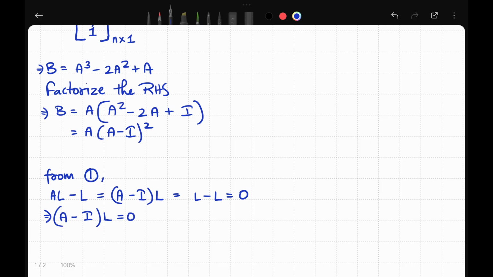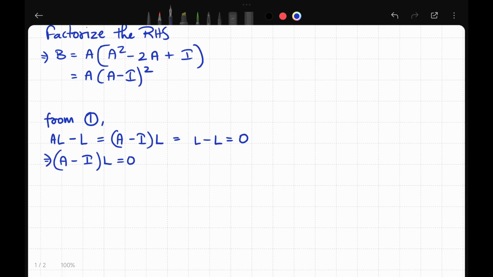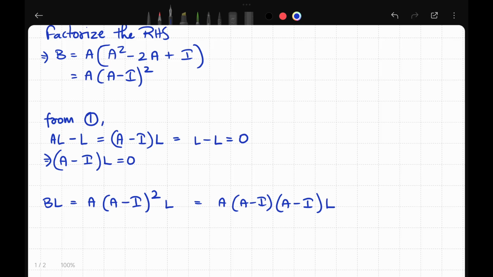Now, since this has A minus I whole square, we consider checking for BL, right? What is BL? BL is equal to A times of A minus I whole square times of L, which equals A times of A minus I times of A minus I times of L.